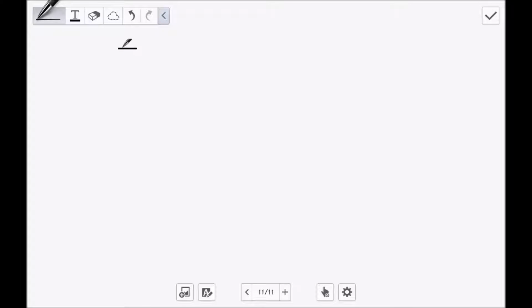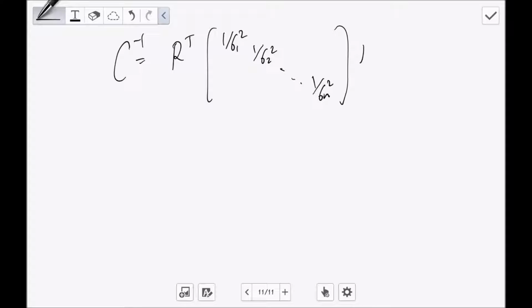So what we saw was we had C inverse as R transpose times diag(1 by sigma 1 squared, 1 by sigma 2 squared, and so on up to 1 by sigma n squared) times R, right?